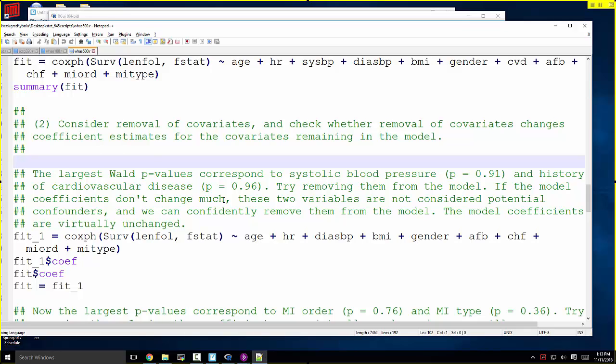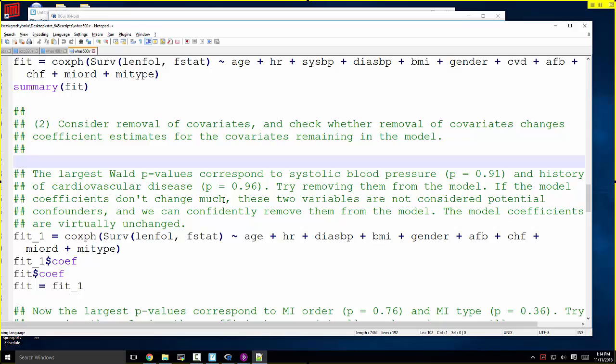One indicator of confounding is if you take the confounding variable out of the model, other coefficients change. What that means is that variable is important to elucidating real effects of the other variables. The effects of the other variables are hidden or masked if the variable is not included.